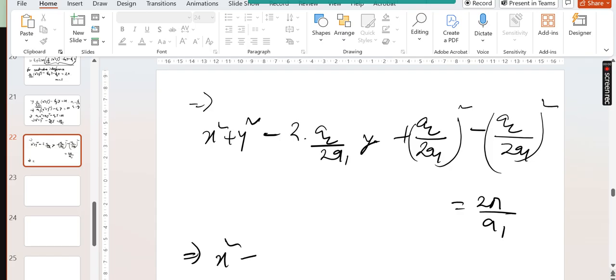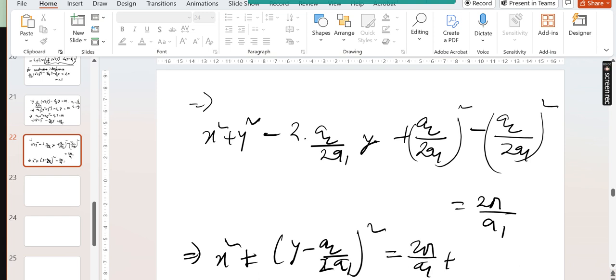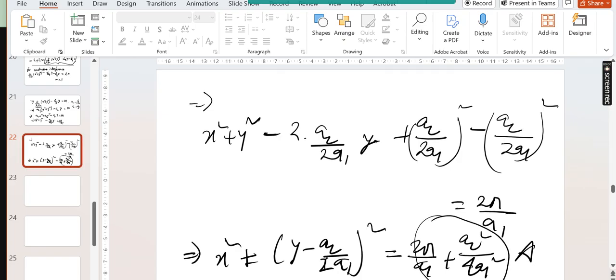So this became x square plus y minus a2 by 2a1 whole square is equal to 2 pi by a1 plus a2 square by 4a1 square. This whole thing can be written as a constant.